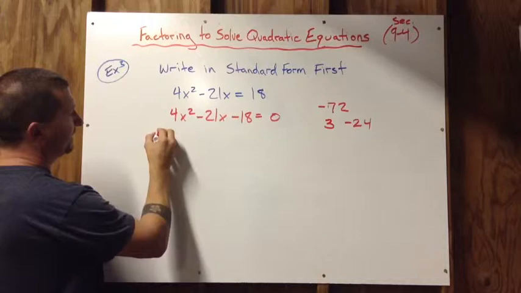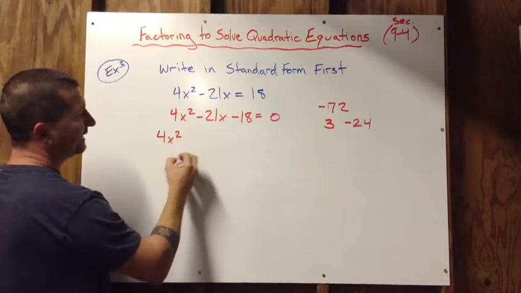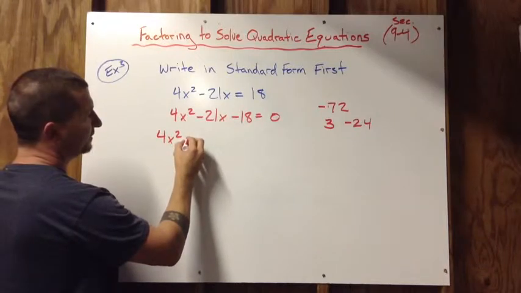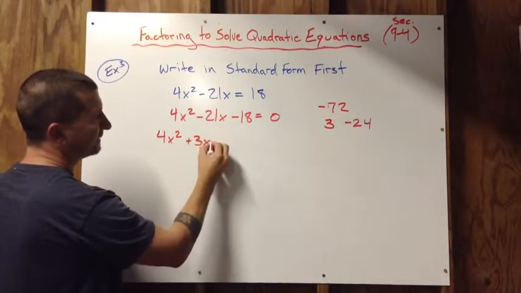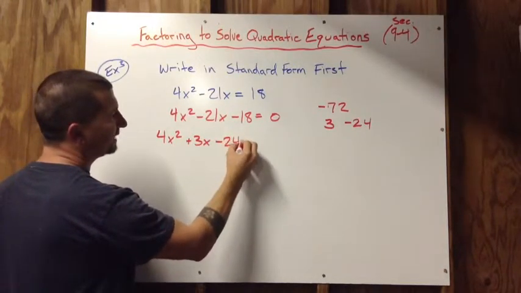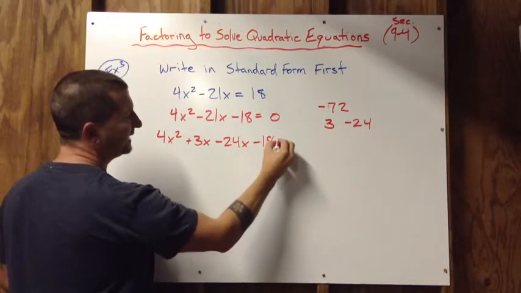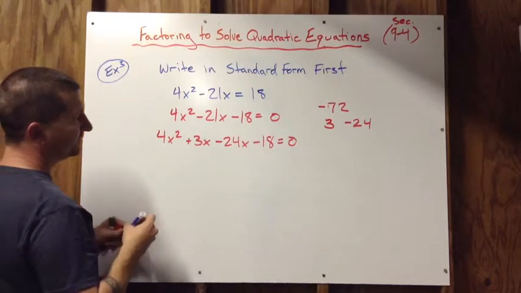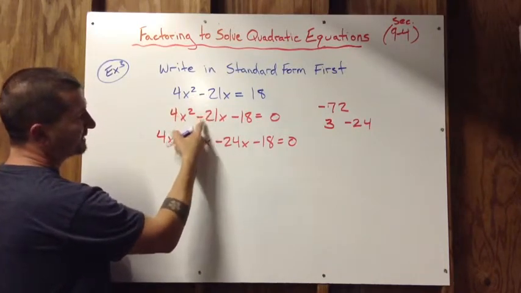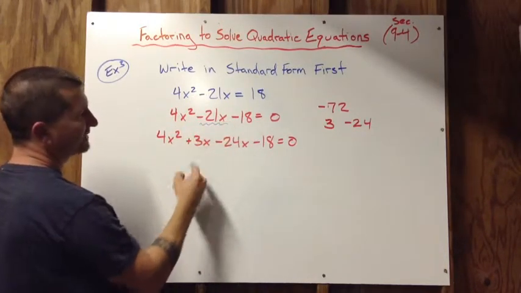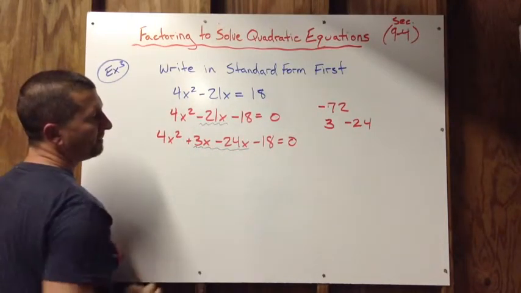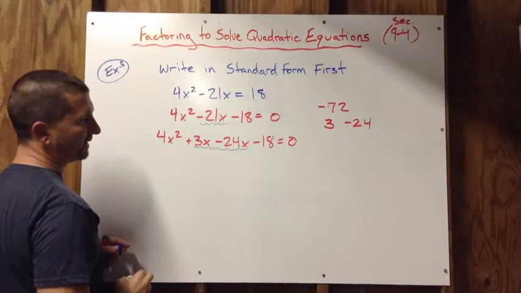So what we do is rewrite it, and we're going to break up negative 21x into plus 3x and minus 24x, minus 18 equals 0. All we did so far is put it in standard form, and then separate the negative 21x into 3x minus 24x.